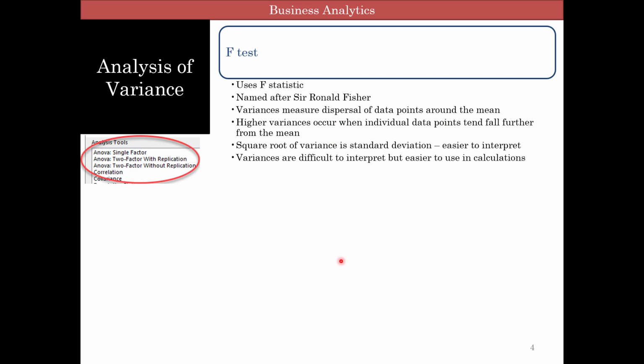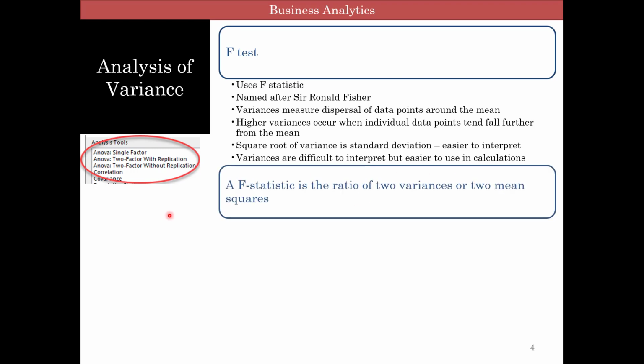So higher variance occurs when individual data points fall further away from the mean. And we all know that square root of variance is standard deviation, which is average distance from your mean. Now, variance is difficult to interpret because it's squared distance from the mean, and that doesn't make any sense intuitively. But it's easier to use in mathematical calculations.